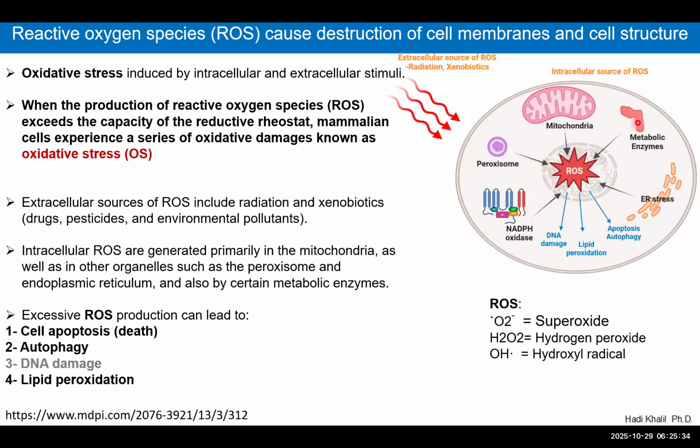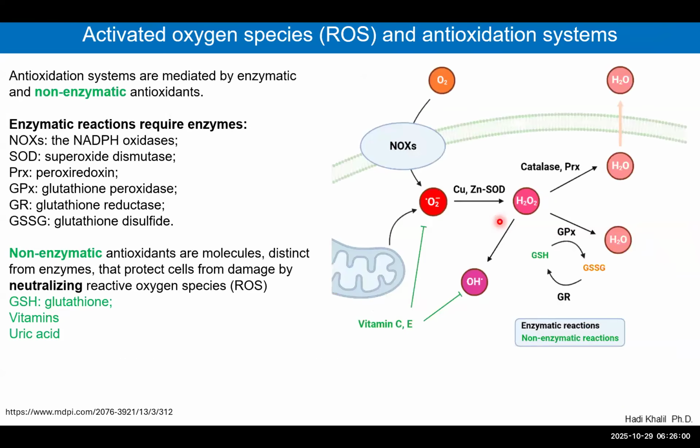Metabolic enzymes, when they convert one metabolite to another, could generate reactive oxygen species. ER stress, which means there are a lot of proteins being translated in the ER, causes ER stress. And this enzyme, the NADPH oxidase, which resides on the membrane, is listed here in this slide as one of the proteins that causes the induction of reactive oxygen species.